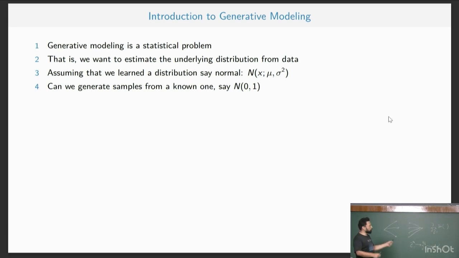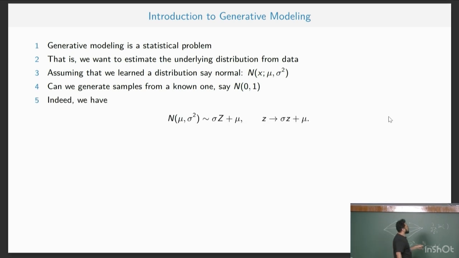Just to clarify what I defined, let us say I learned to fit a normal distribution, and I will sample from a standard normal. There is a basic relationship between a normal distribution with mu and variance sigma squared and the standard normal. If you take a standard normal z and compute sigma times z plus mu, then you can generate samples from the normal with mean mu and variance sigma squared.